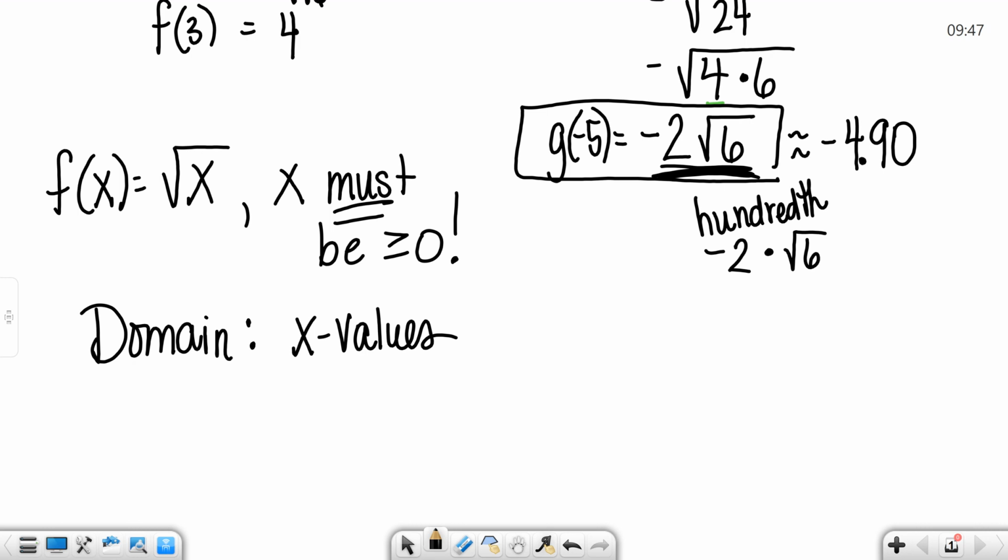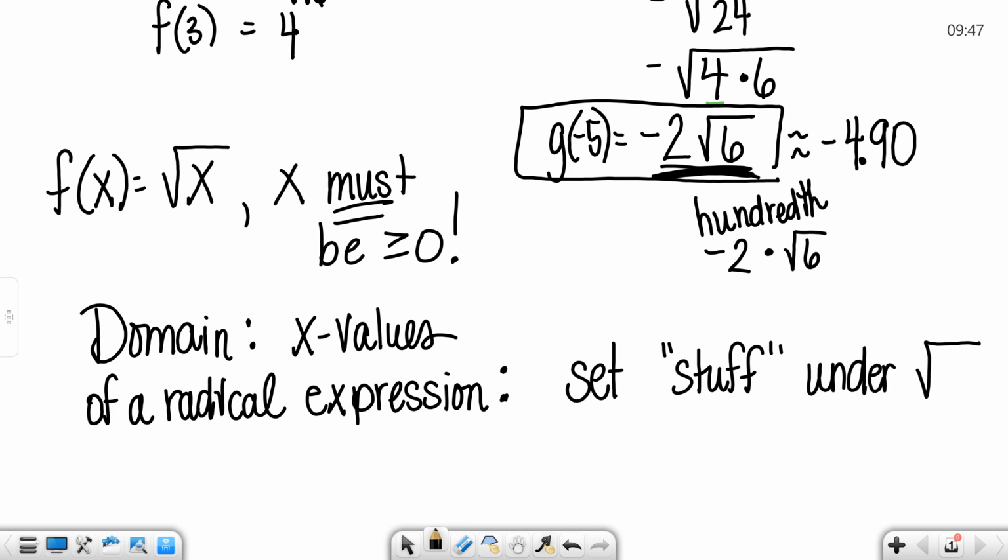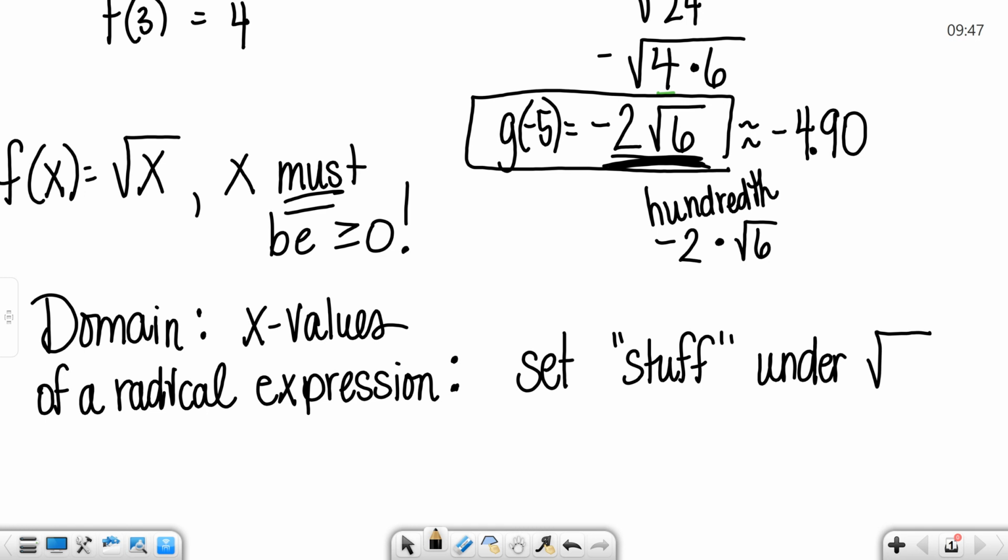All right, so if we have a radical expression and we are asked to find the domain, what we're going to do is set the stuff under the radical greater than or equal to 0.